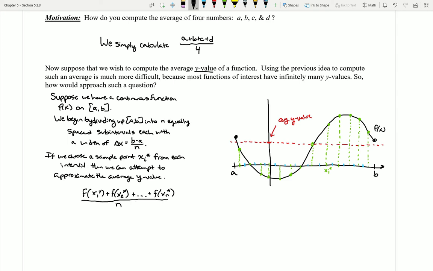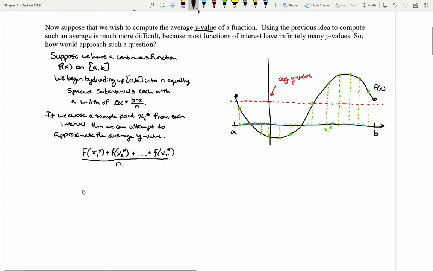Okay, so let's see what we might be able to do with this after we have this set up. Well, one thing that I'm going to note right here is that since we stated that delta x was going to be equal to b minus a over n, there's absolutely nothing wrong with doing a little bit of algebra here. I could multiply both sides by n.